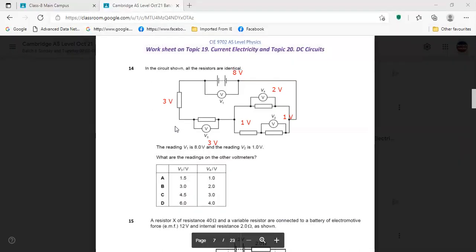Next is resistor X, 40 ohm, variable resistor connected by electromotive force. Okay.